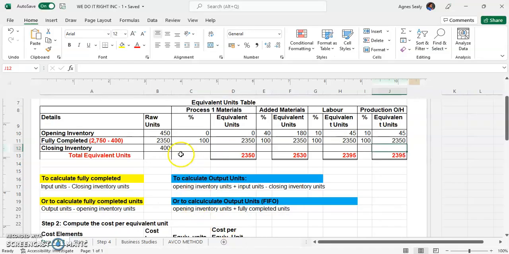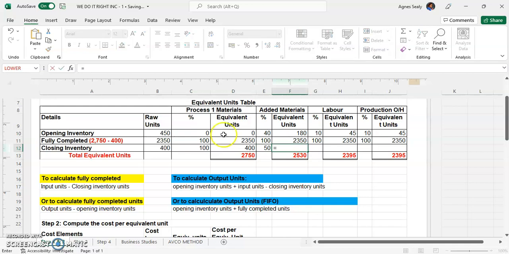So here, our 400 closing inventory units are 100% complete with respect to process one material. So 100% times 400, 400. They have 50% of the added material. So 400 times 50% is 200 equivalent units.